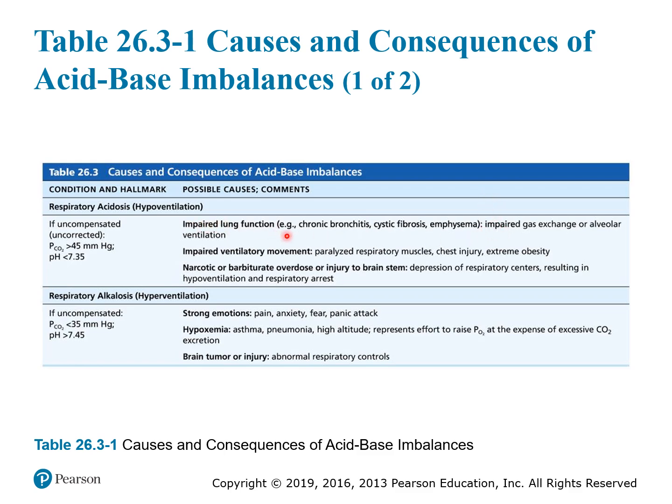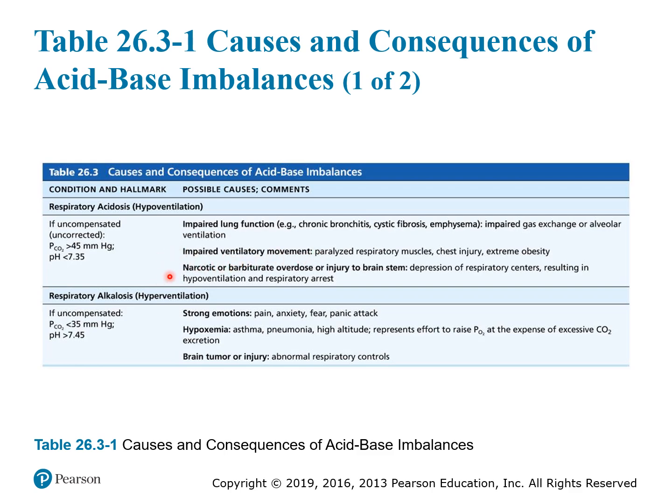So impaired lung function, due to whatever reason, leads to impaired gas exchange or alveolar ventilation. And then there can be impaired ventilatory movements, for example paralyzed respiratory muscles, chest injury, or extreme obesity. So now the carbon dioxide is not being removed because of the movement problem.